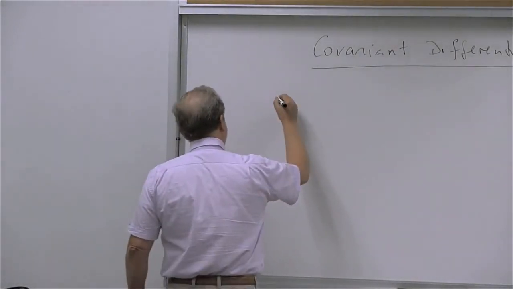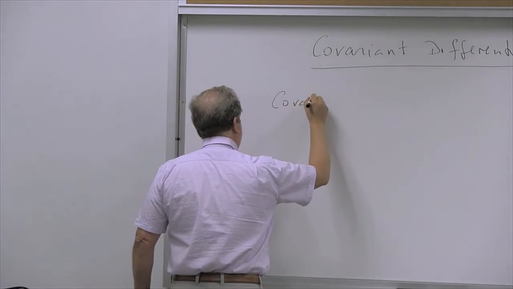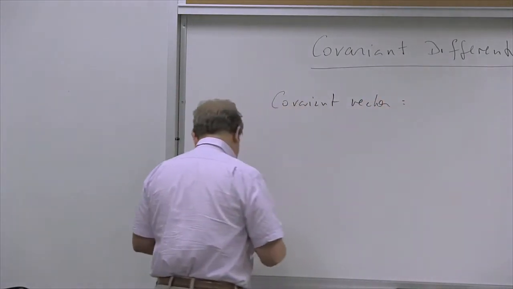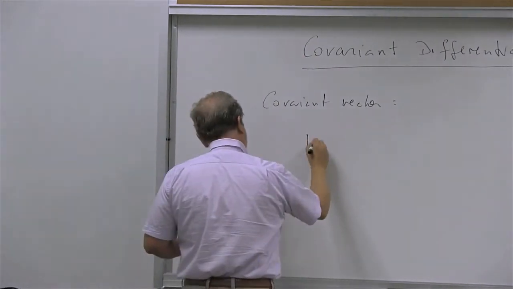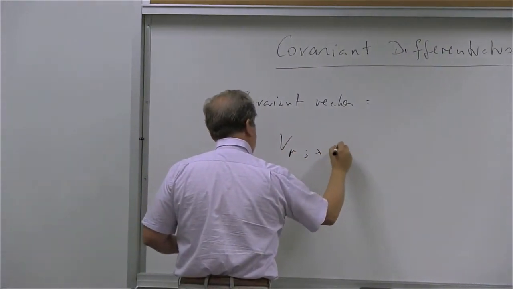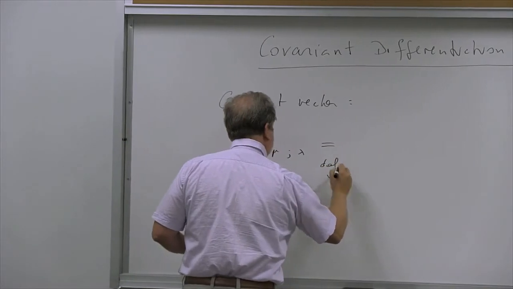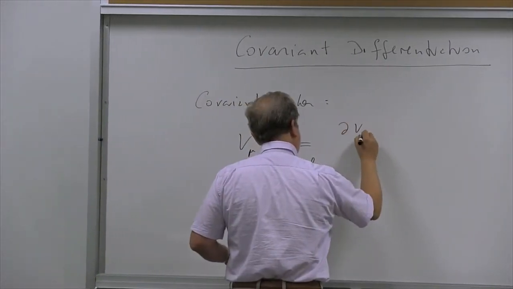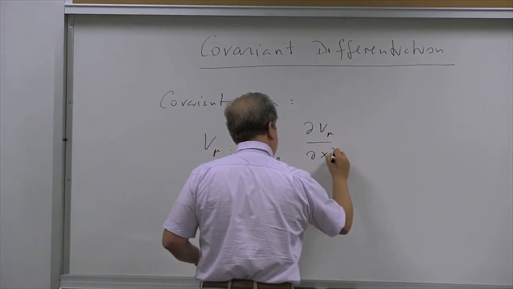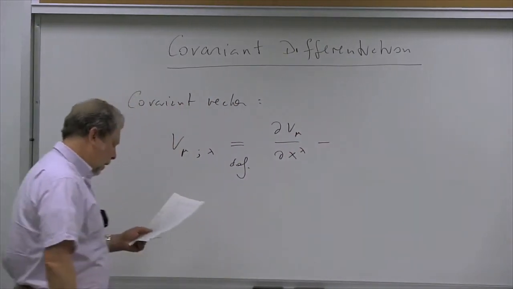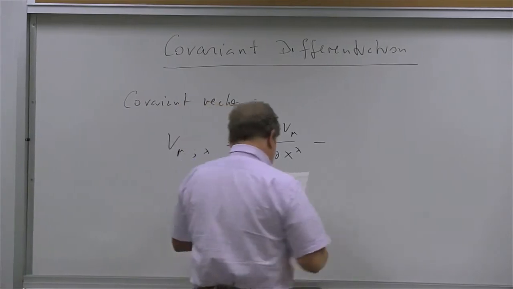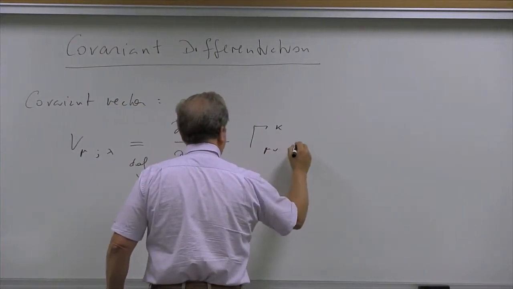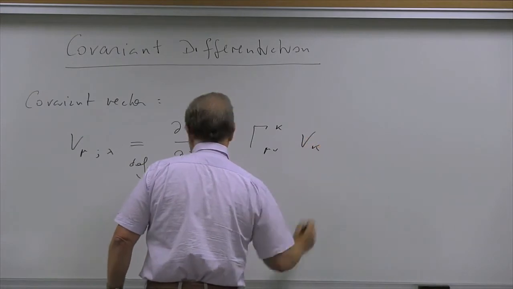So for a covariant vector, you define v mu semicolon lambda to be the ordinary derivative, dv mu by dx lambda, and now in this case you have to subtract out the affine connection term, which is minus gamma k mu lambda times vk.